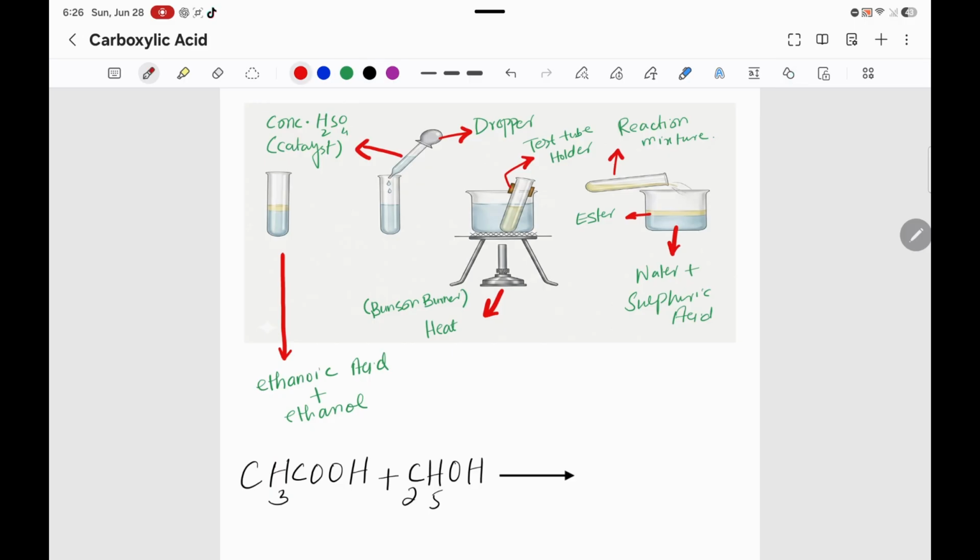For this process, by the way, this is a reversible process, so let me write down the reversible arrow. Okay, the catalyst of the process is concentrated sulfuric acid. What will happen?